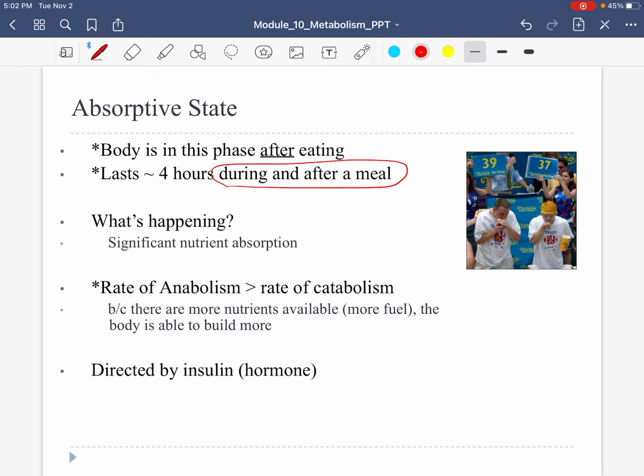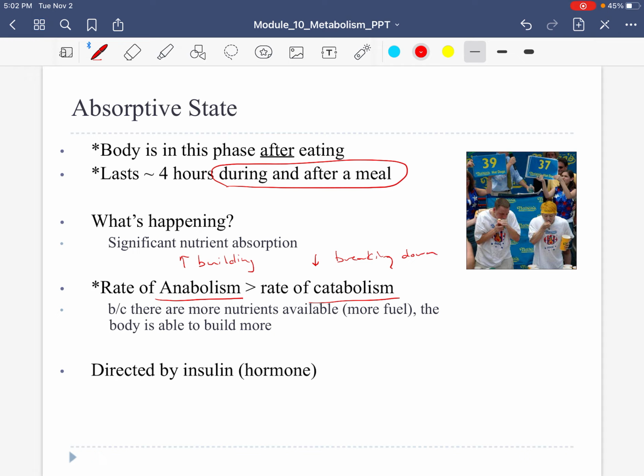So our hormones and our brain tend to get our body into this absorptive state after we eat. When we are in an absorptive state, the rate of anabolism is greater than catabolism. That means we're doing more building, and less breaking down.